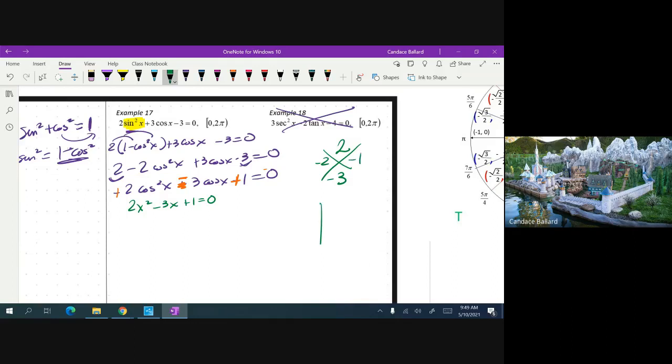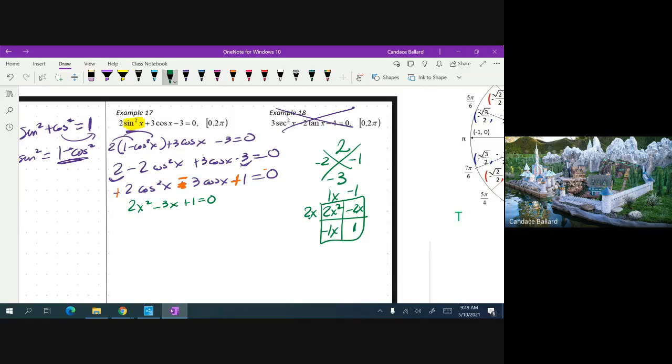I kind of already gave away that we're going to have to use a box because we've got a leading coefficient. So 2x squared and 1, and then negative 2x and negative 1x. Then I ask myself, what times what is 2? We would say 2 and 1, Mrs. Ballard. So 2x here and 1x here because it's got to divide into the negative 2x. 2x times negative 1 would be negative 2x.